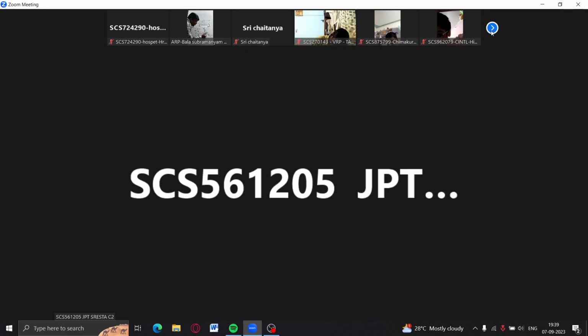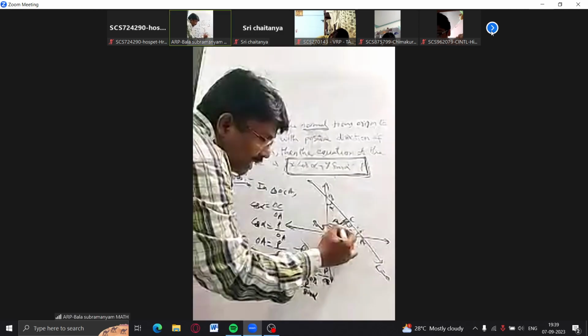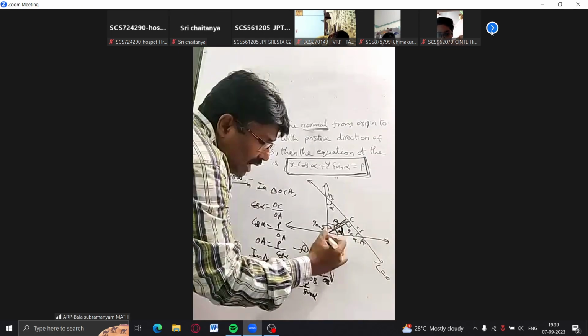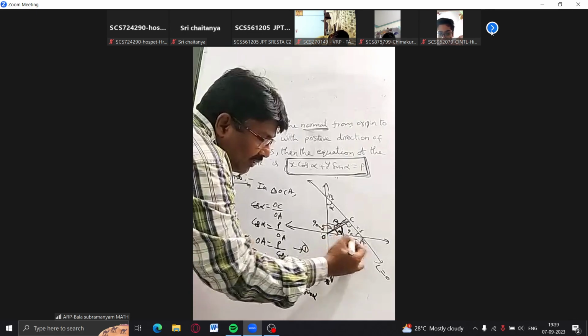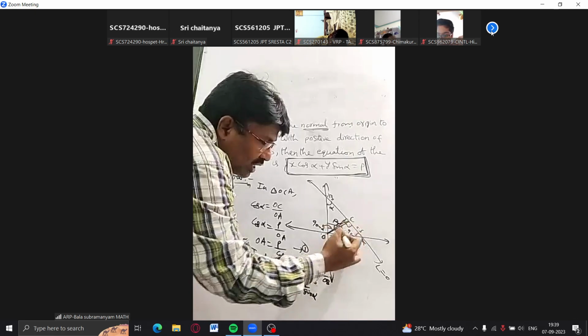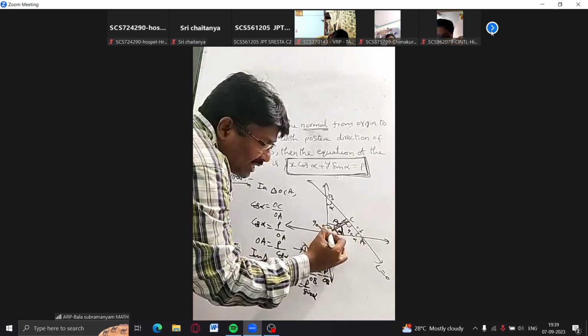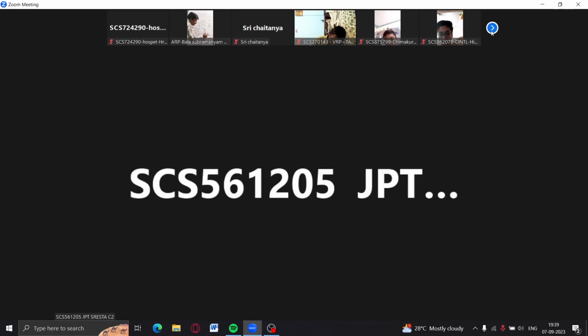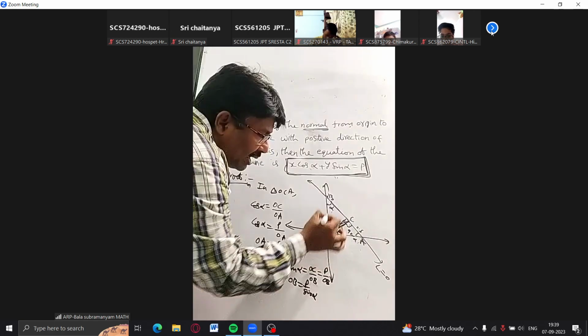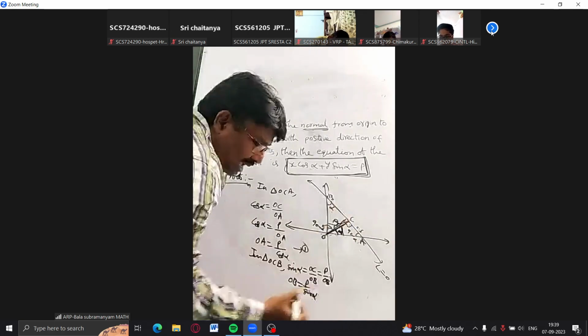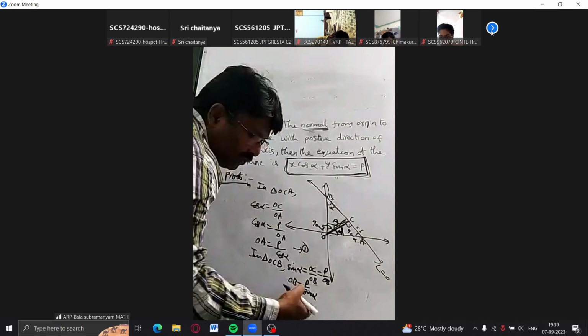So the angle at O is 90. Here, given angle AOC is equal to alpha. The remaining angle is 90 minus alpha. Now consider the right angle triangle OCB. From this triangle, find the length of OB.